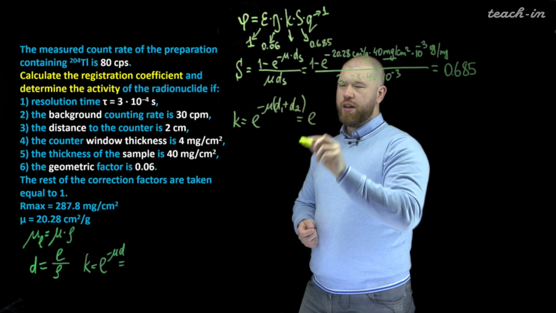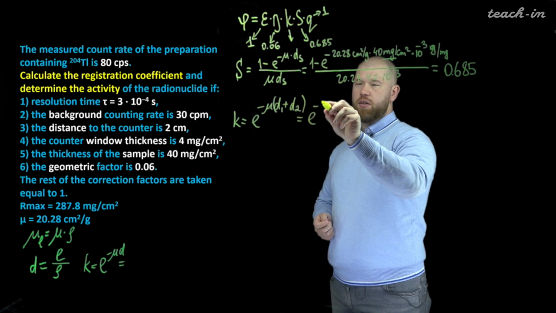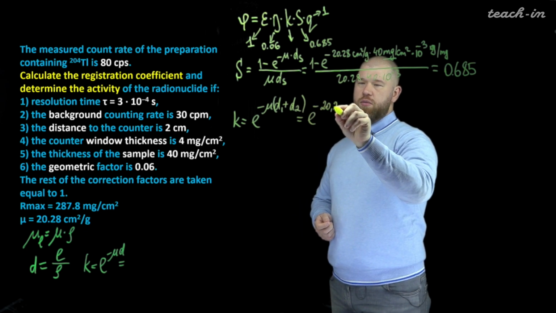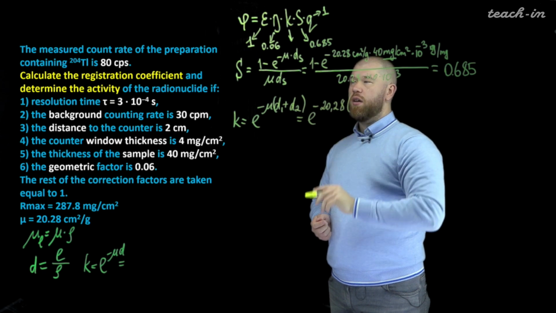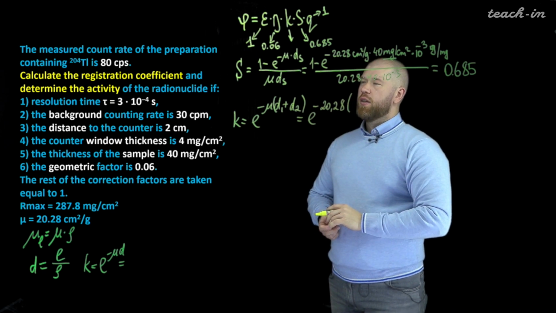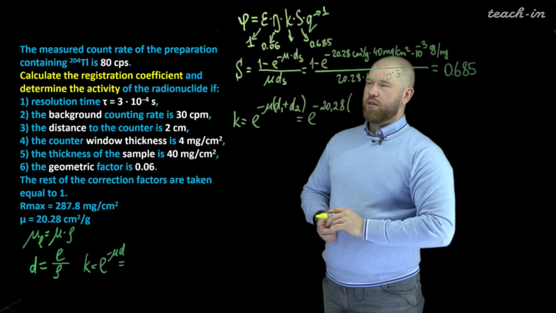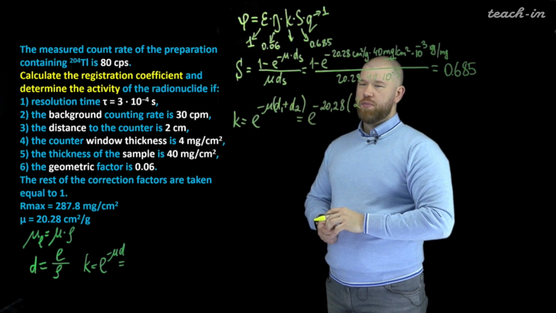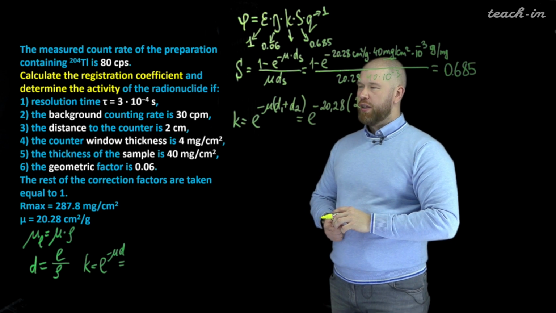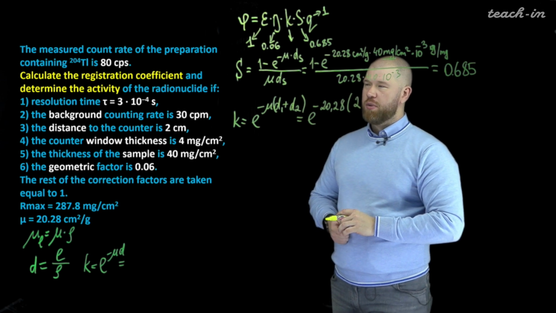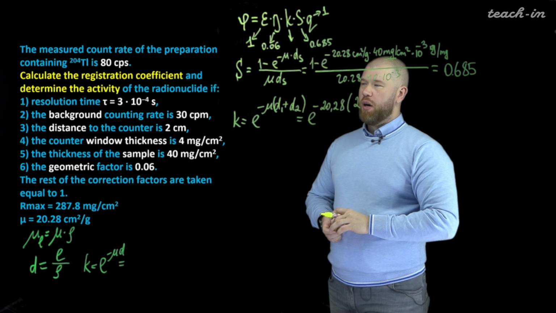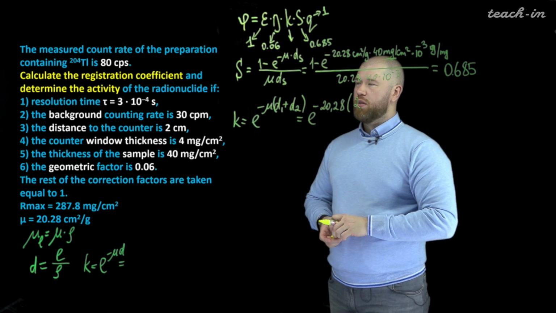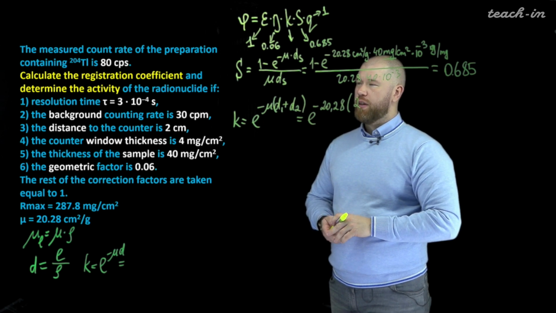Thus it is exponent in the 28, and here's the distance to the counter, that is 2 centimeters. And we have to express it not in centimeters, but in this d value.